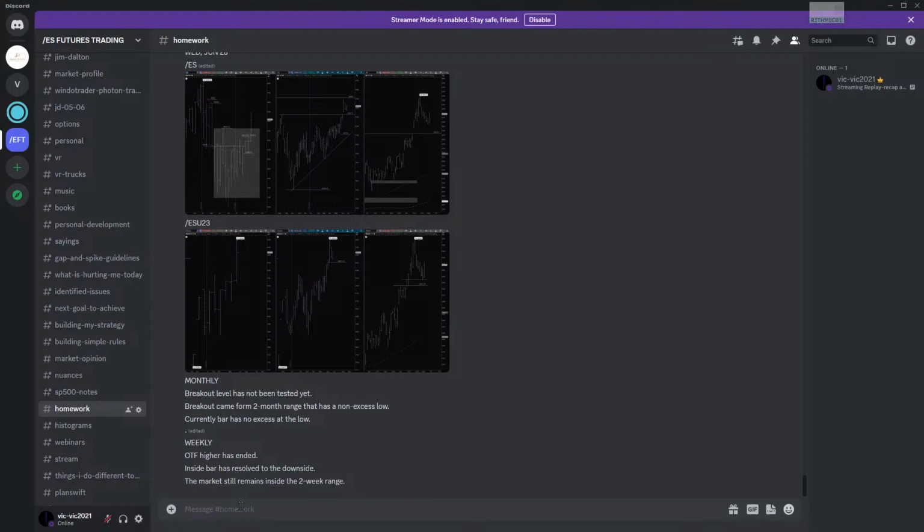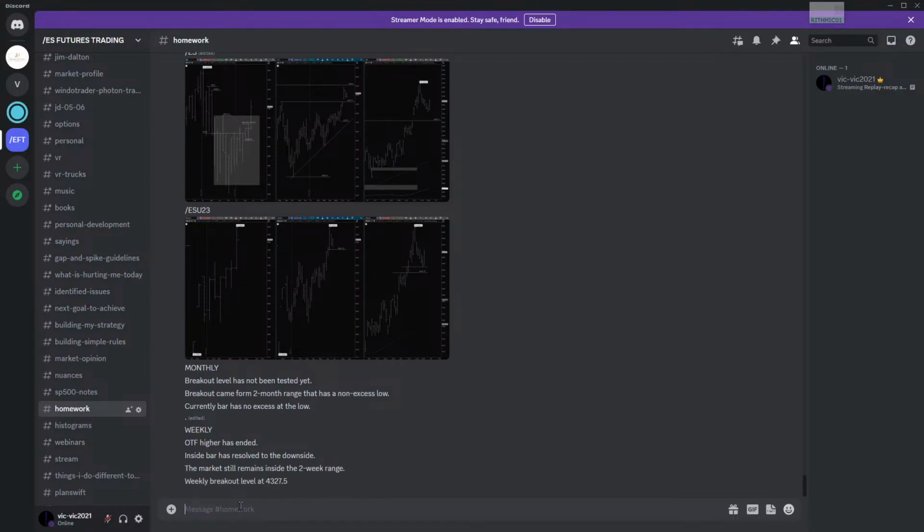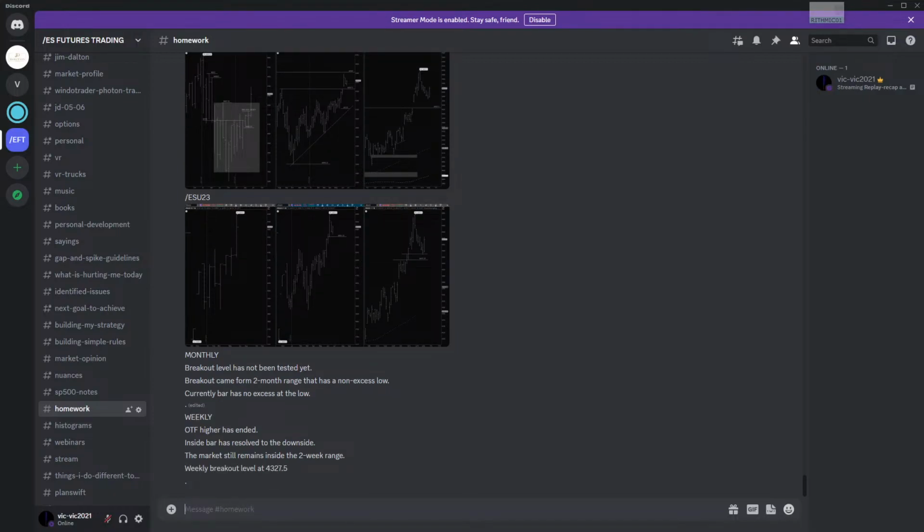Breakout level. The weekly breakout level is at 43.7, 43.5. I have no more upside trend.